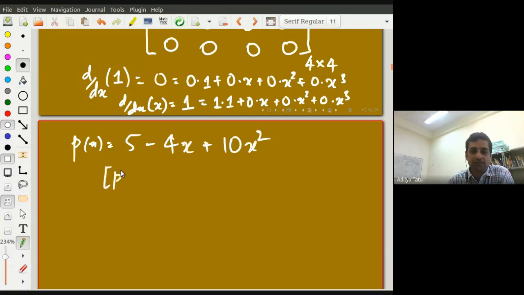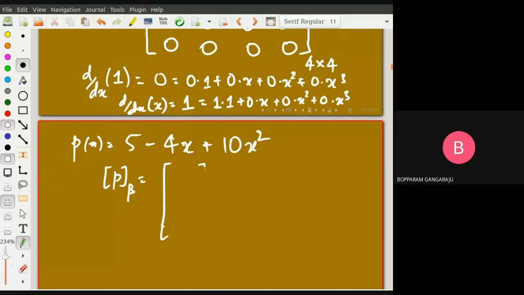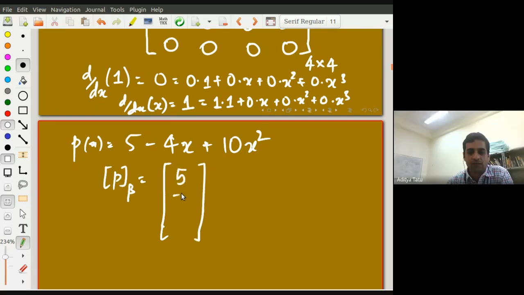Find the representation of this polynomial in the given basis. What is the representation? 5 minus 4, 10, 0.